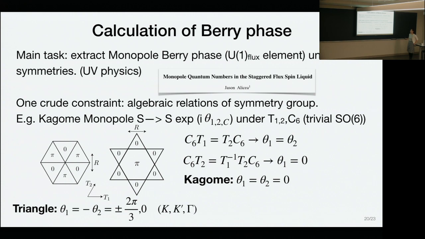We remark that here the rotation is very important for the discrete value of this translation Berry phase. For the triangular lattice, the translation Berry phase is fixed to one of three alternatives, plus or minus 2π/3, or 0. It's also crucial to note that this is because of the presence of rotation.